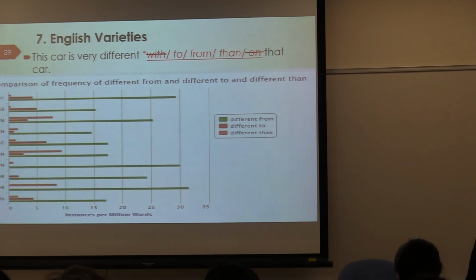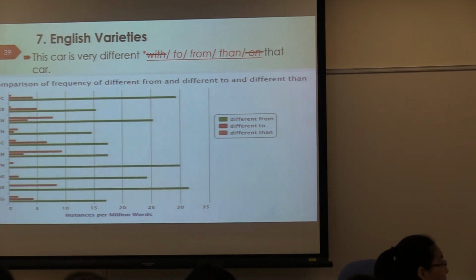Different from. Yeah, different from is more commonly used in different varieties of English. But how about the orange one, different than, and the red, the second one? So what is your observation?